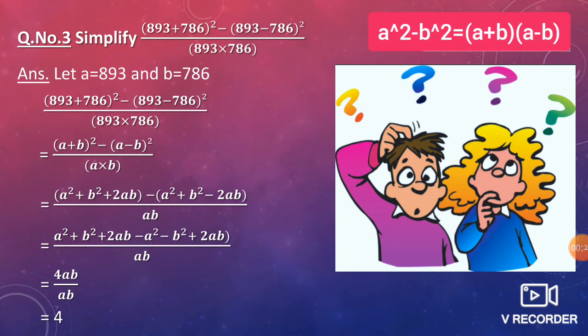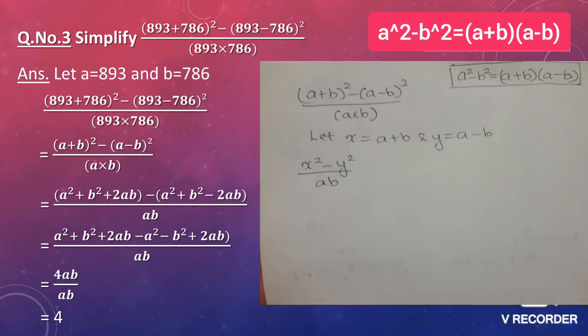So let's consider the problem, that is a plus b the whole square minus a minus b the whole square divided by a into b. Let's give a value x and y. x equals a plus b and y equals a minus b.